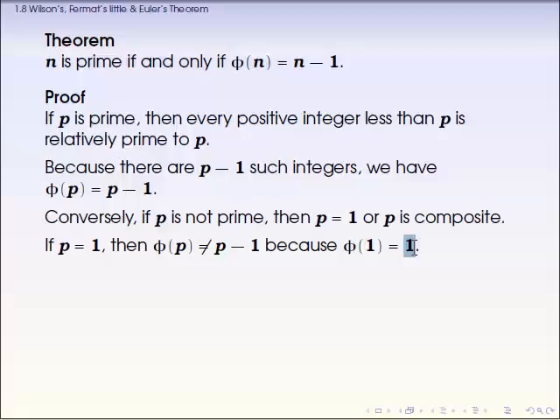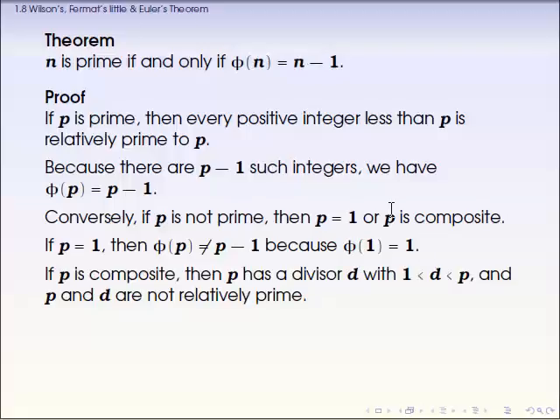So we found one such integer. So phi of 1 should be 1. But if p is 1, then p minus 1 is 0, right? So phi of 1 is not equal to 0. So this part we prove: 1 is not prime, clear, then phi of 1 is not 1 minus 1. We prove that part.